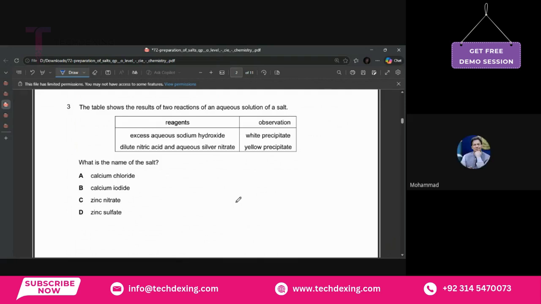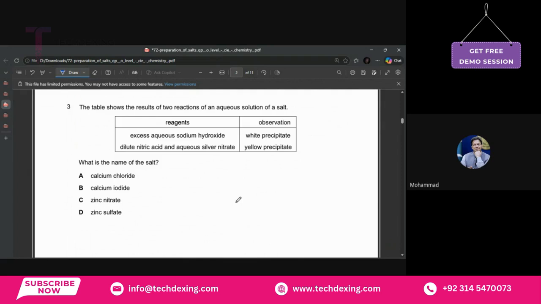We can identify the cation that will be present in the salt, right? Which cations can react with sodium hydroxide? Sodium.